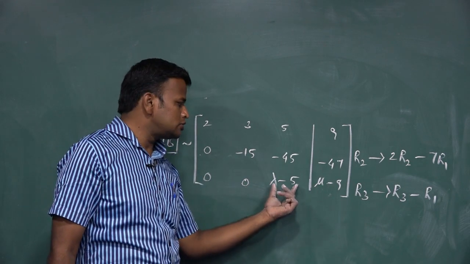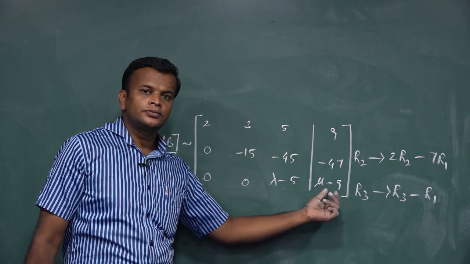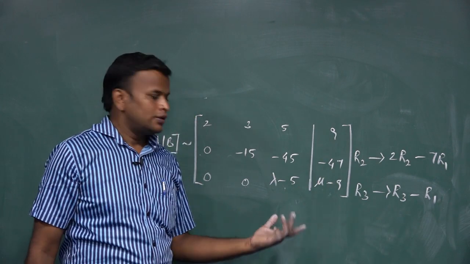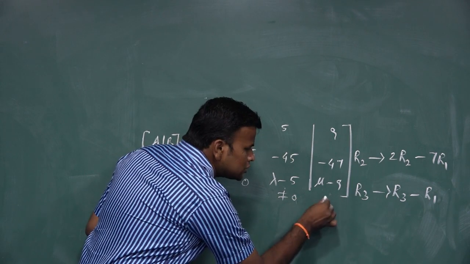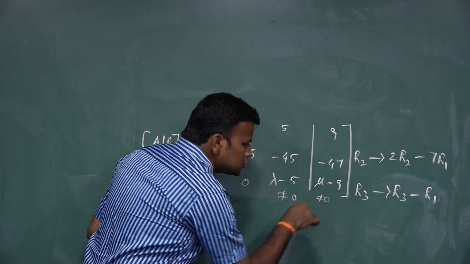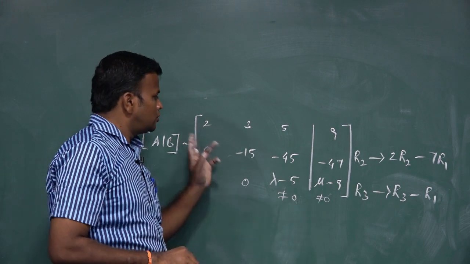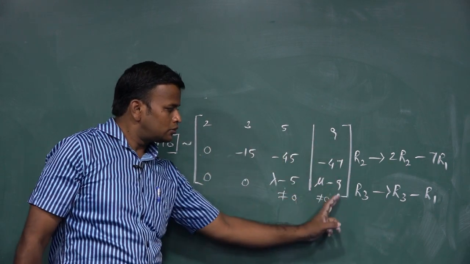Suppose this one is non-zero. It may be 0 also. The system has both ranks 3. This one is non-zero. This one is 0 or non-zero. You see the rank is 3. 1, 2, this one is non-zero, 3.